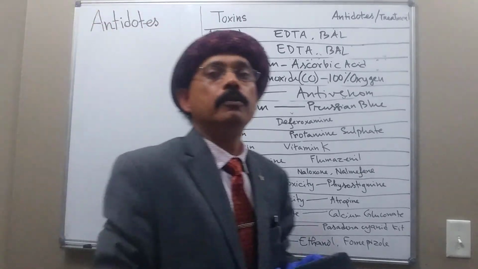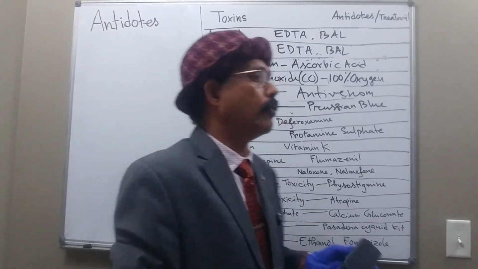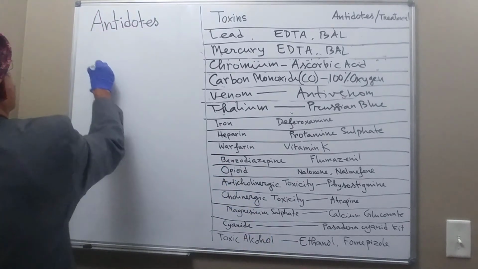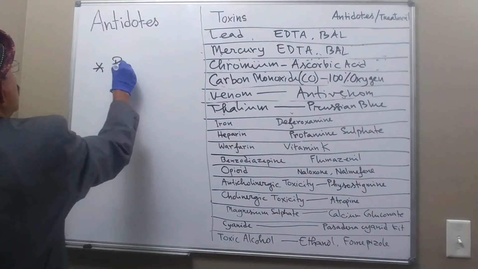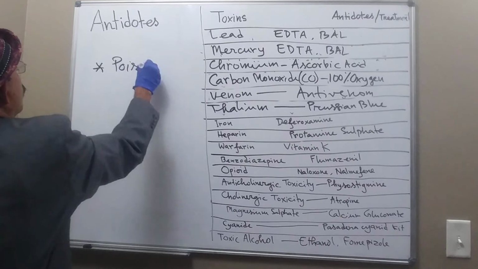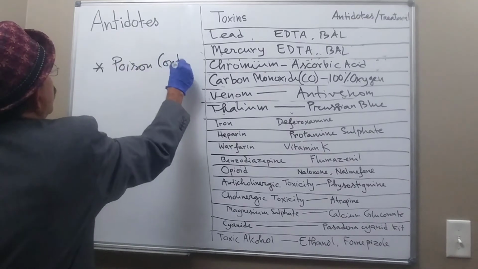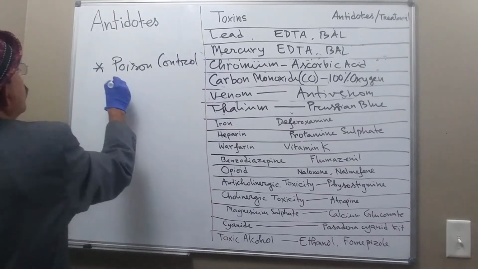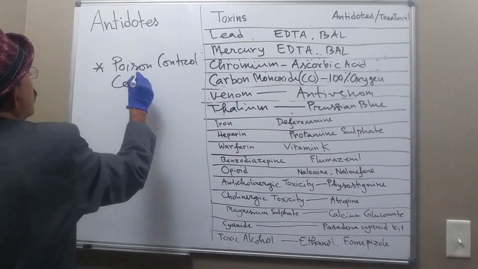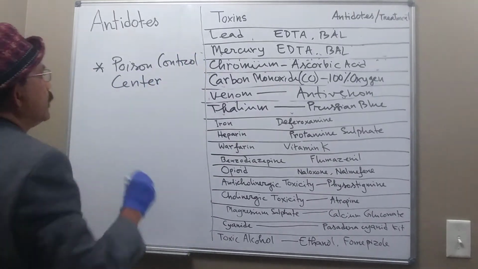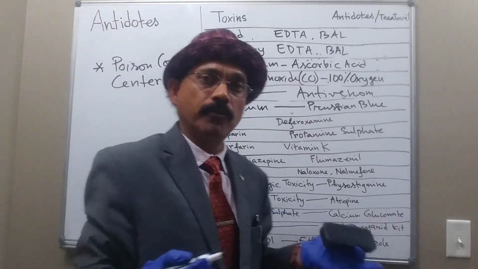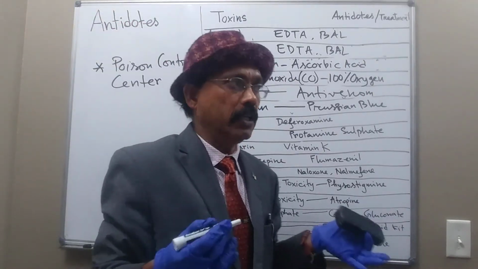So it is better to consult with the Poison Control Center. To get the best idea, we must contact the Poison Control Center in the United States. They respond 24/7, every day, anytime.